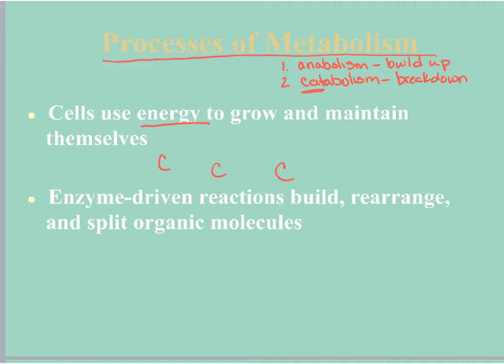So the cells will, through anabolism, assemble those carbons, perhaps in a chain, maybe in a ring, perhaps with functional groups, perhaps not. So they can build up these molecules from the building blocks that they have available. Oops, I'm missing some hydrogens here.